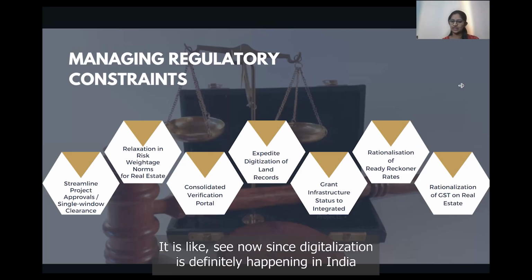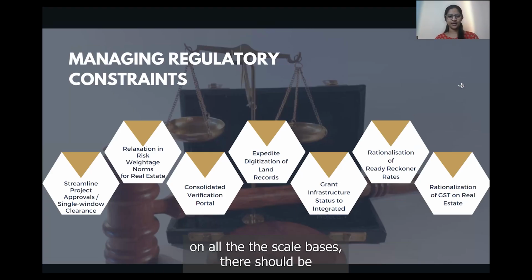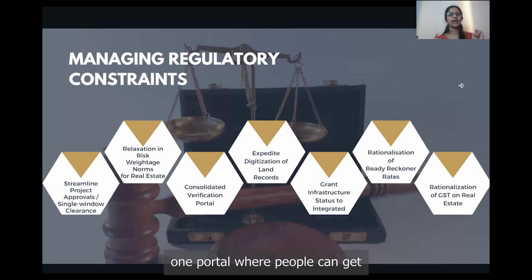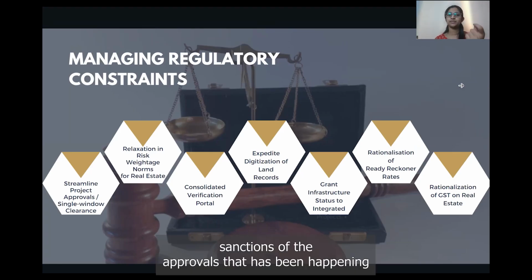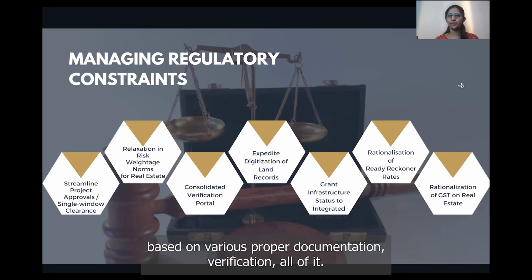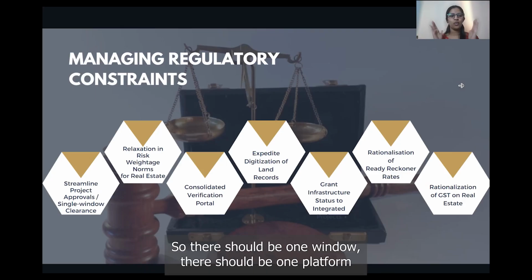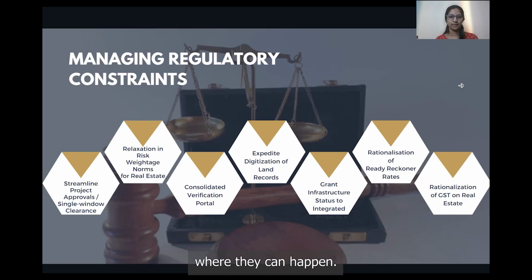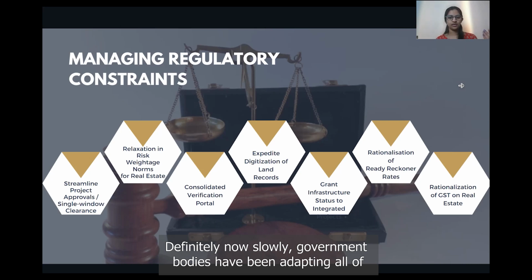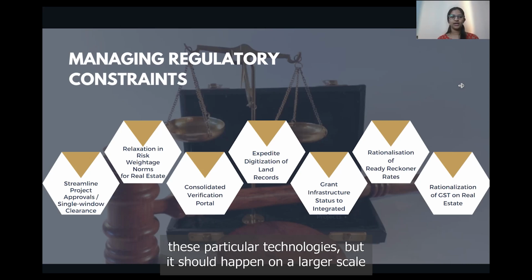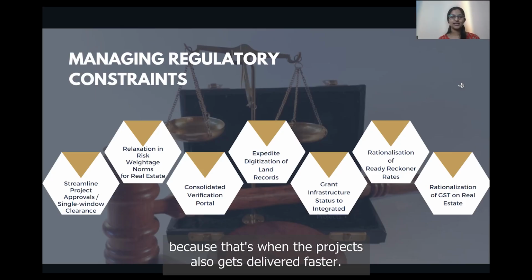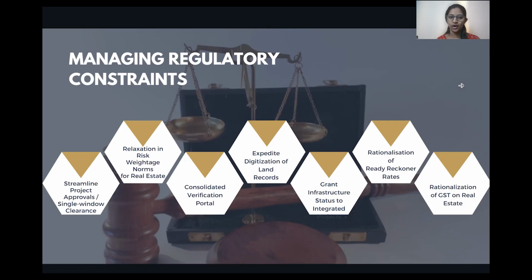Since digitalization is definitely happening in India on a large scale, there should be one portal where people can get sanctions of the approvals based on proper documentation, verification, all of it. Slowly, government bodies have been adopting these technologies, but it should happen on a larger scale because that's when the project also gets delivered faster. So that is one of the ways it can be overcome.